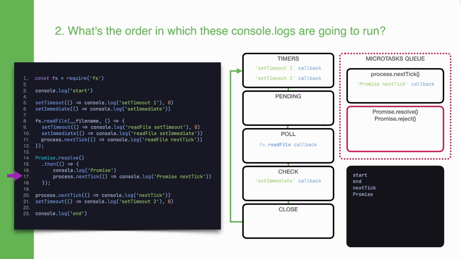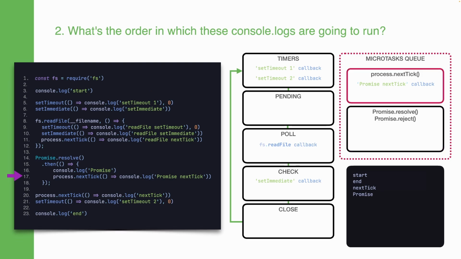When a microtask is being executed and it schedules another microtask using process.nextTick or a resolved promise, the newly scheduled microtask is executed immediately, before the event loop returns to the macro task queue. This behavior ensures that microtasks are fully drained before the event loop proceeds to the next phase.